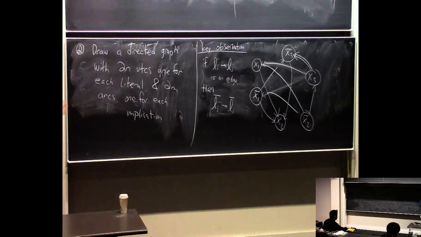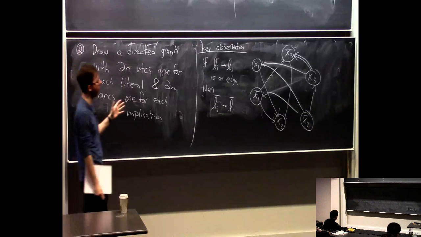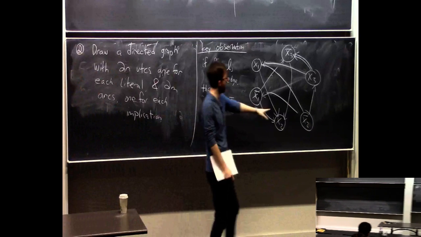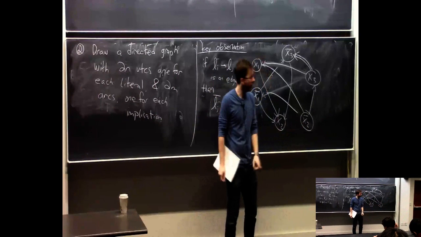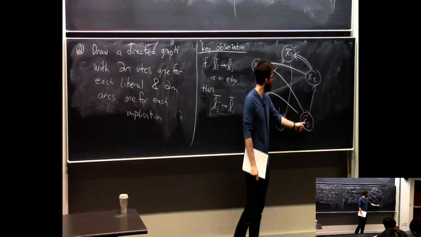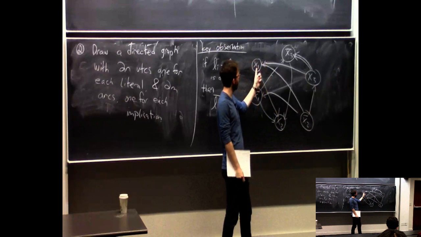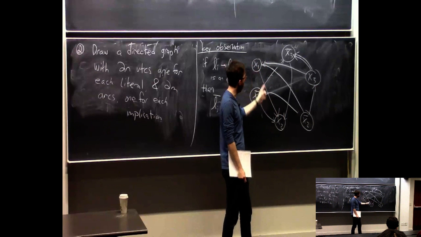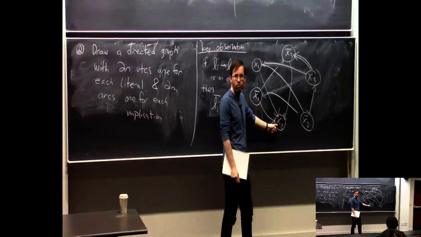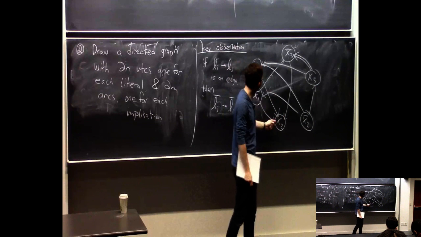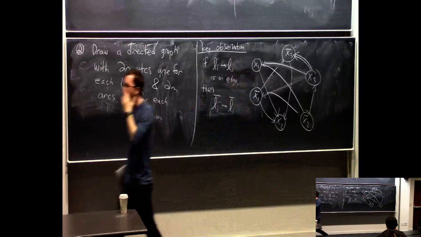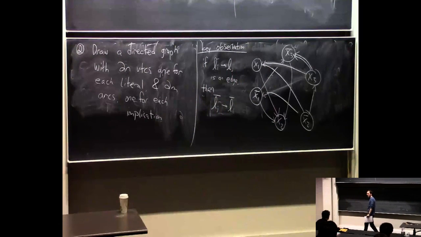Maybe for some reason somebody said, consider x2 being false, which I'll prefer to think about as x2 bar being true. Then you say to yourself, OK, if x2 bar is true, you can follow the arrows. It means that x1 has to also be true, and x2 has to also be true. Which actually, I guess, is a contradiction, right?